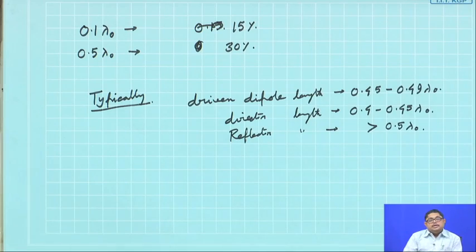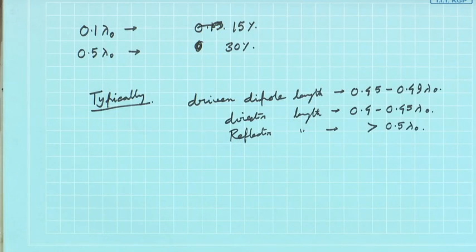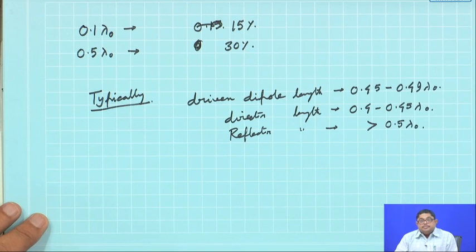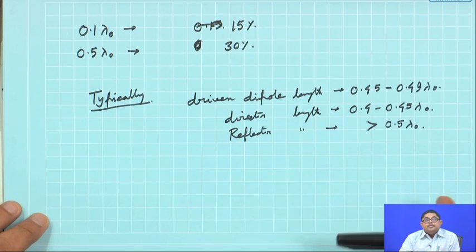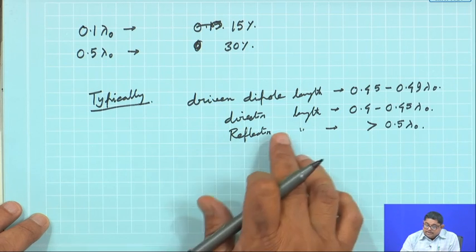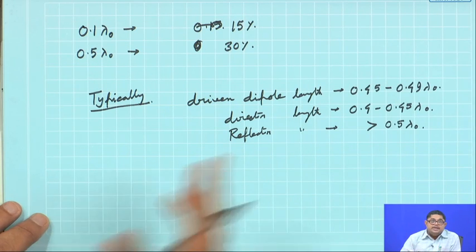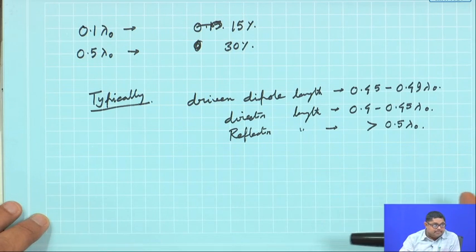So, that is why if you see a Yagi array, you can easily identify the reflector and the directors by this, that reflector is the maximum of the lot. The driven dipole you can always identify by where the feed is given, and then the director. So, by that you can find out in which direction radiation is taking place.